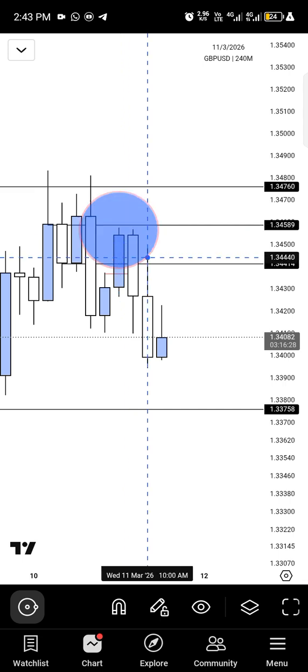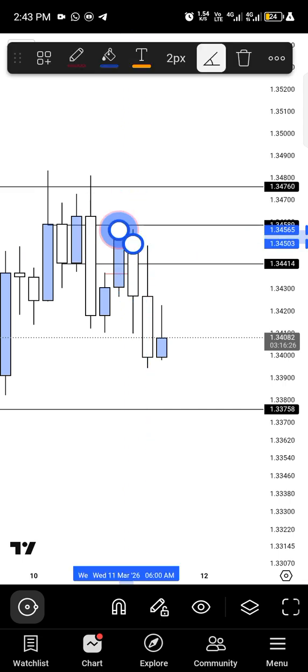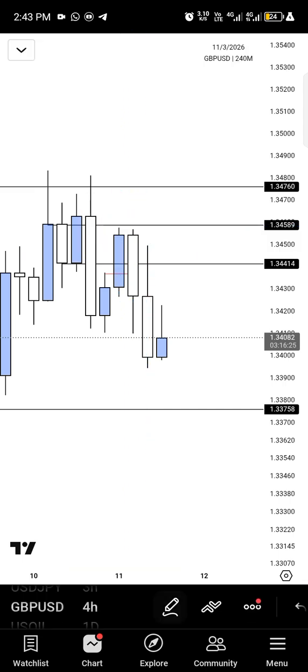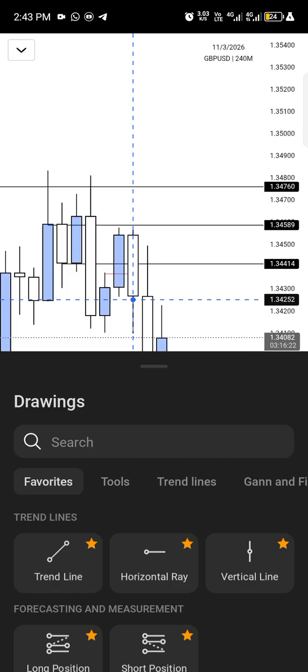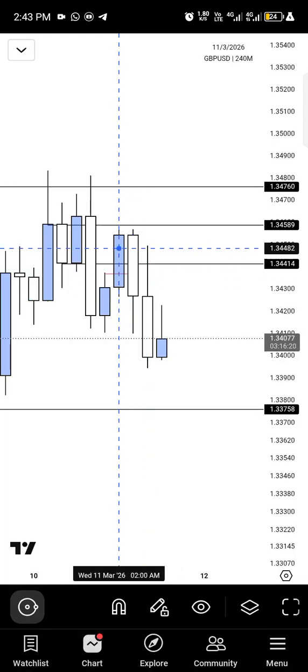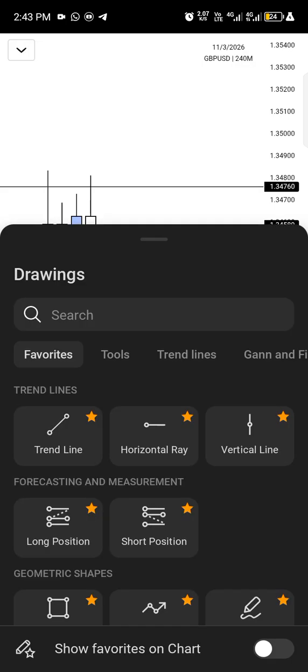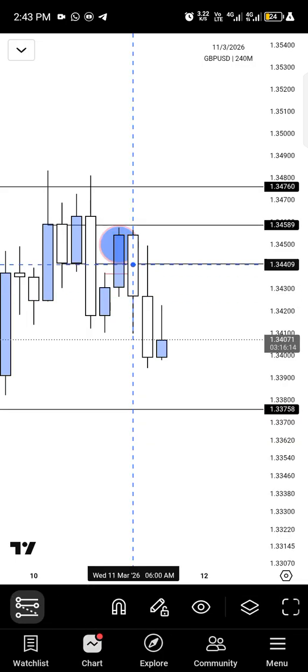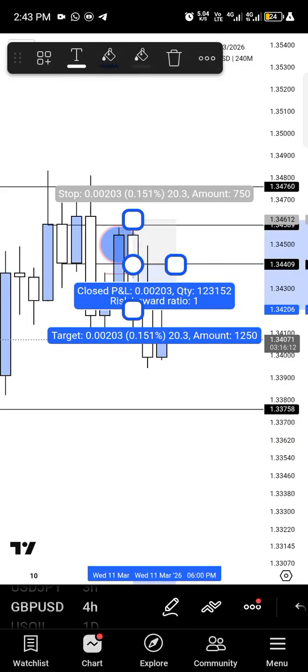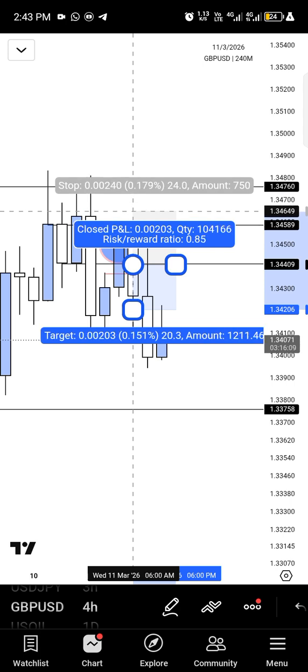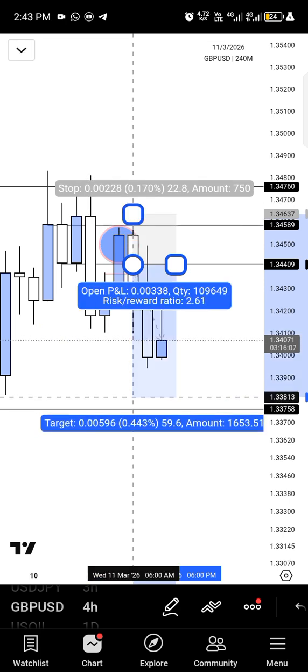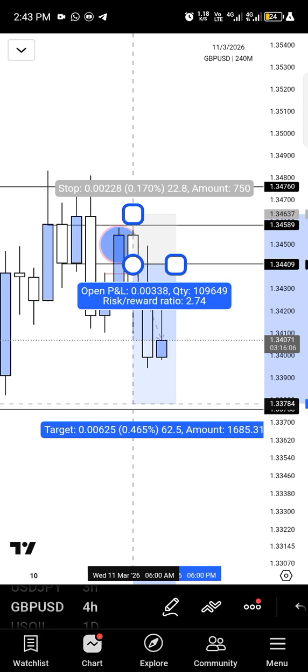This is why I don't take reversal trades. If I wanted to take this trade, my stop loss would have been above the Quasimodo level, maybe above this key level, and my take profit would just be here.